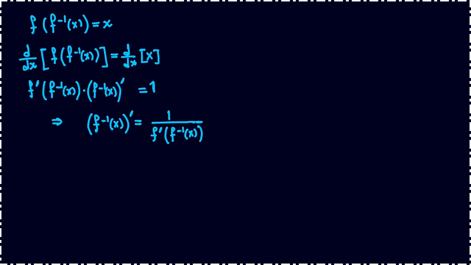So to make things a little easier to look at, I am going to let g of x be f inverse of x. And that's because I personally dislike that notation. The -1 looks like an exponent to many. They do not interpret that correctly sometimes.